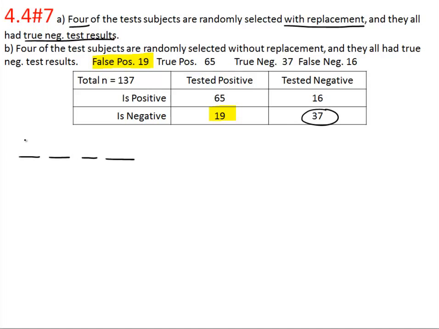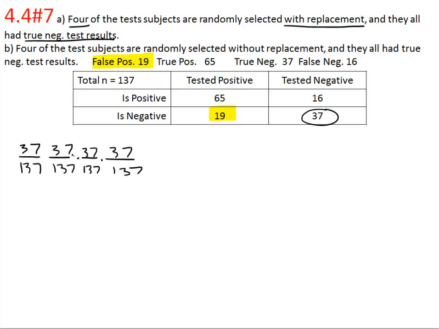So the probability that the first person we pick satisfies this is good over total, 37 over 137. And since we're putting them back each time, the next person is also 37 over 137, and the third person is the same, and the fourth person is the same.